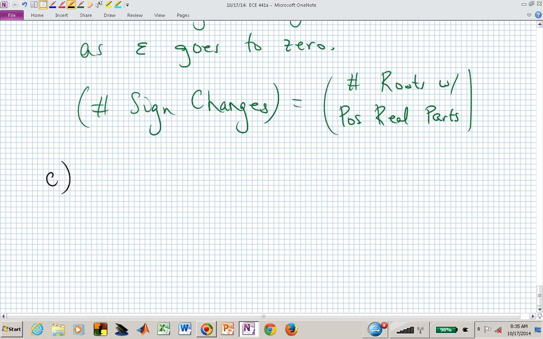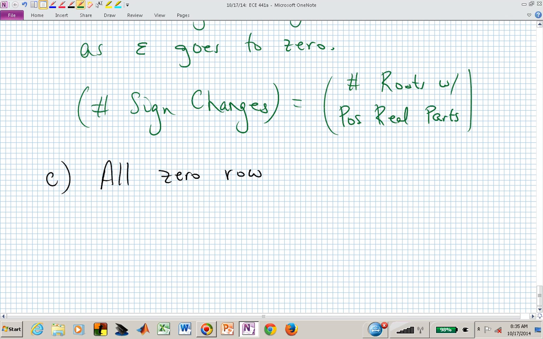On the third possibility, suppose now we find that one complete row in the construction of the Routh array is all 0, not just the leftmost entry. This is now the third possibility. We have an all 0 row.